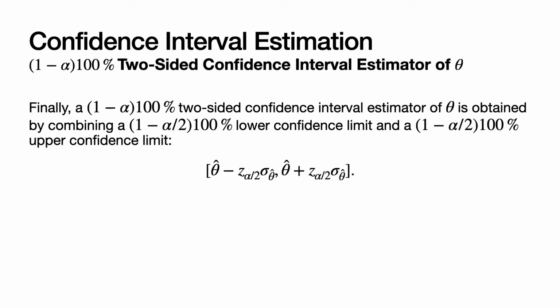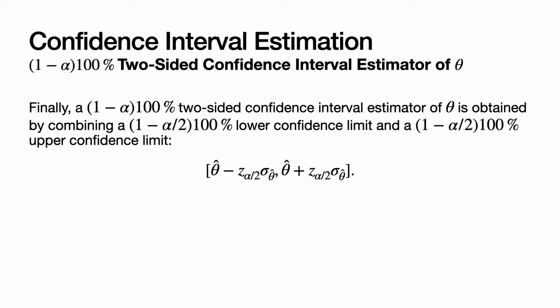And then finally, a 1 minus alpha times 100% two-sided confidence interval estimator of theta is obtained by combining lower and upper confidence limits for theta, each at the 1 minus alpha over 2 times 100% confidence level. So we construct a 1 minus alpha over 2 times 100% lower confidence limit for theta.